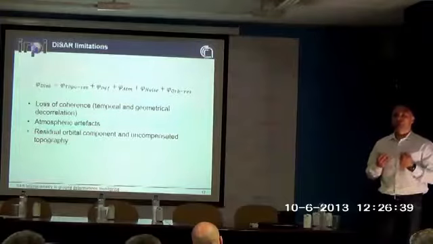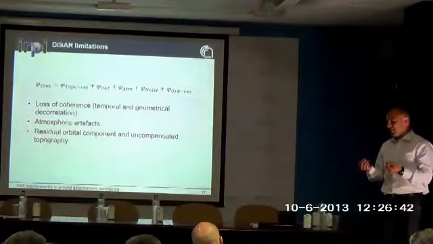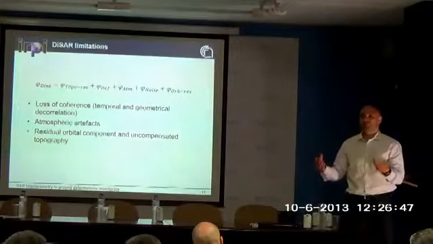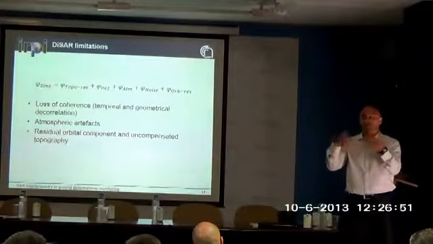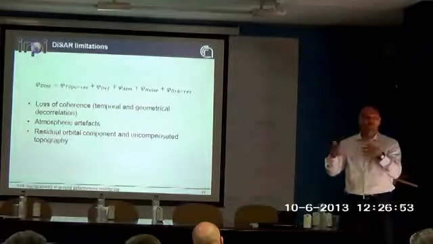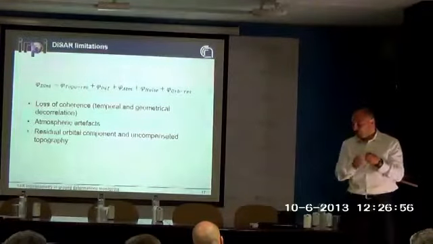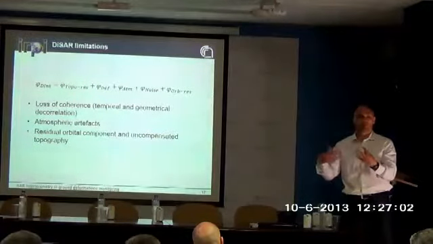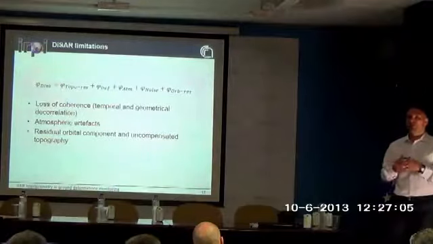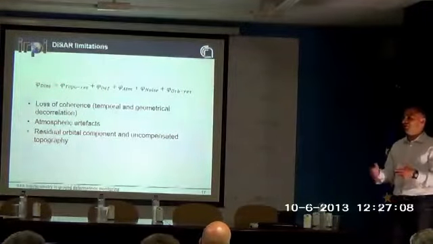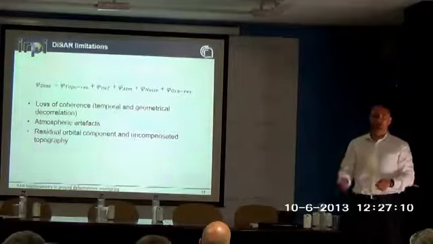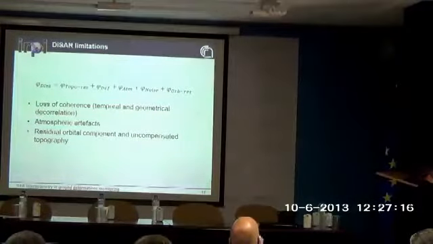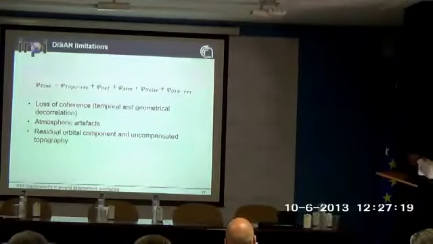We have what we call decorrelation. The decorrelation arises from the fact that, for example, in the forest, the branches on the trees are moved by the wind. And this influences the phase that we measure, because the point is not stable. So we have what we call a loss of coherence. Everything that is not strictly solid, like grass, trees, water, loses coherence, and this causes noise.